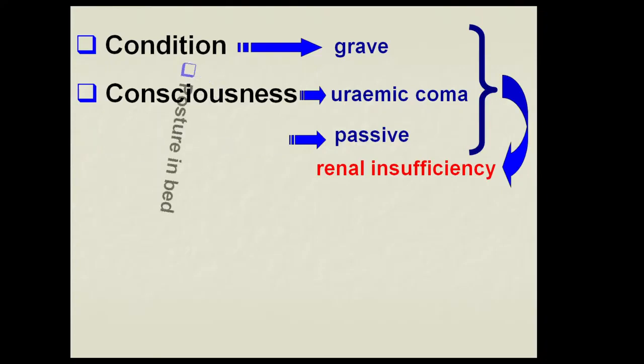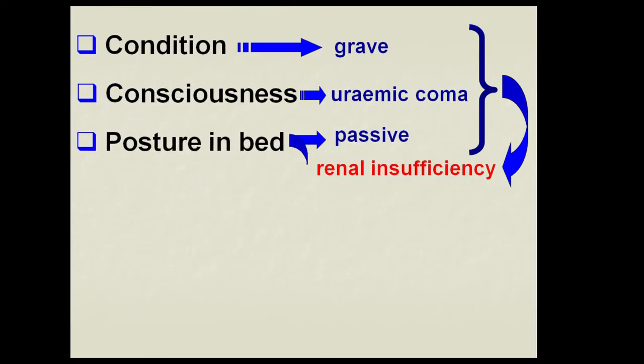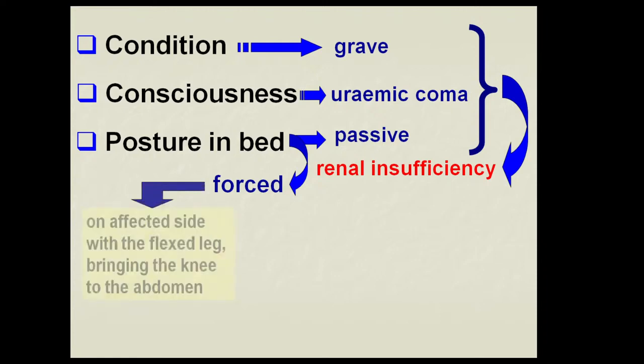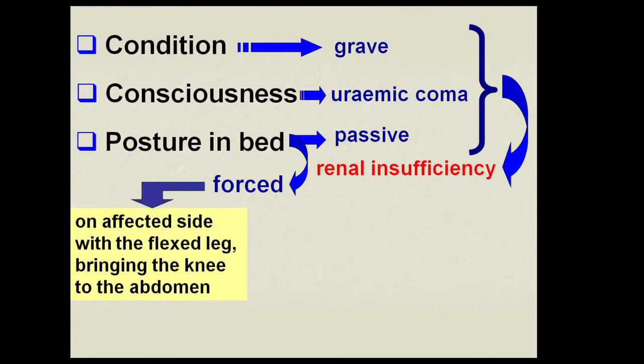We distinguish forced posture, which is regulated by any pathological process. We can see a patient who prefers to lie on the affected side with the flexed leg, bringing the knee to the abdomen. Such posture is characteristic for the patient with paranephritis.